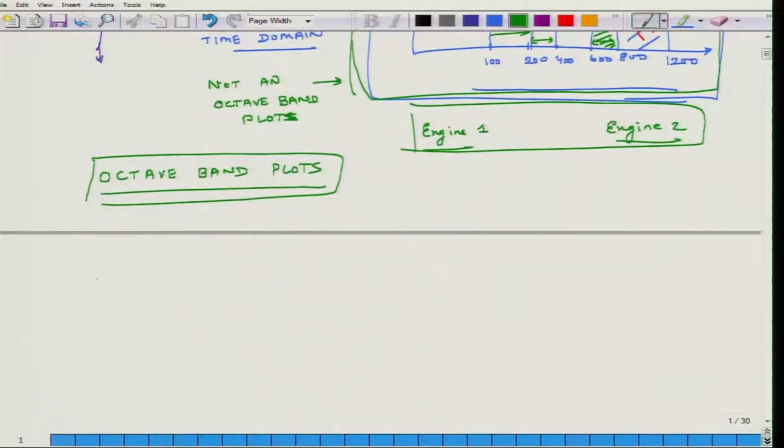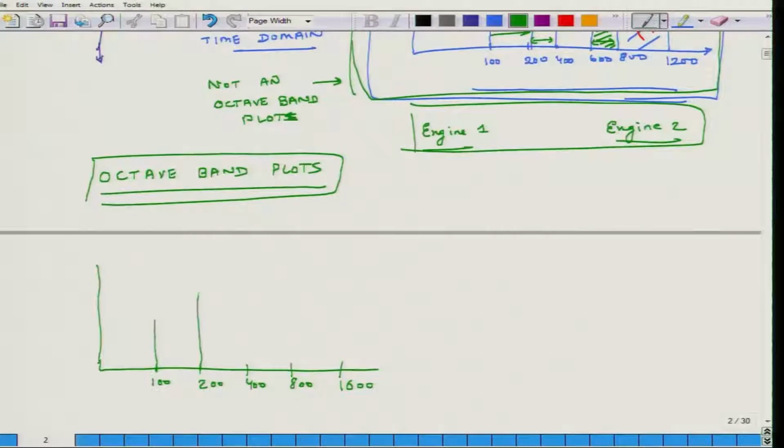So, you can have an octave band plot like this. Let us say this is 1 hertz, 2 hertz, 4 hertz, 8 hertz, 16 hertz, or let us say 100, 200, 400, 800 and 1600. This is an octave band plot, and then for each band you can have different noise levels.